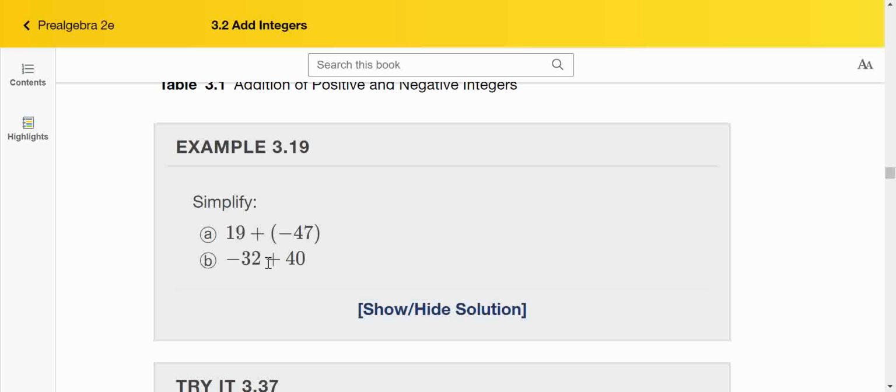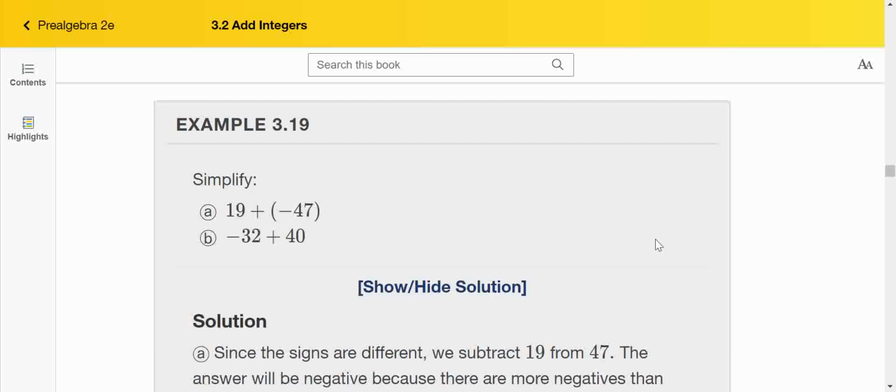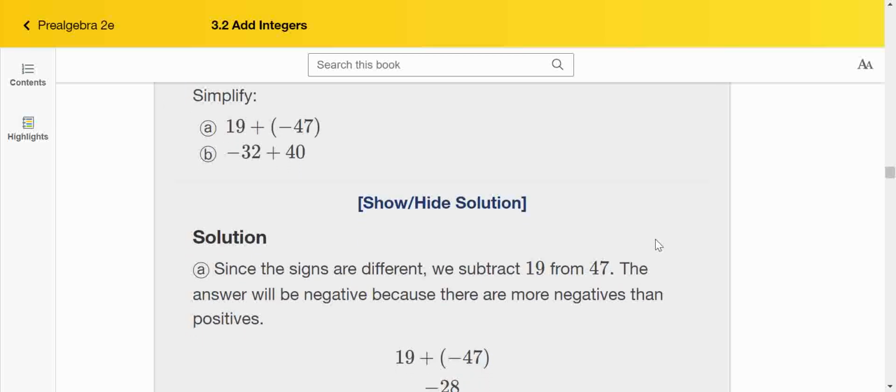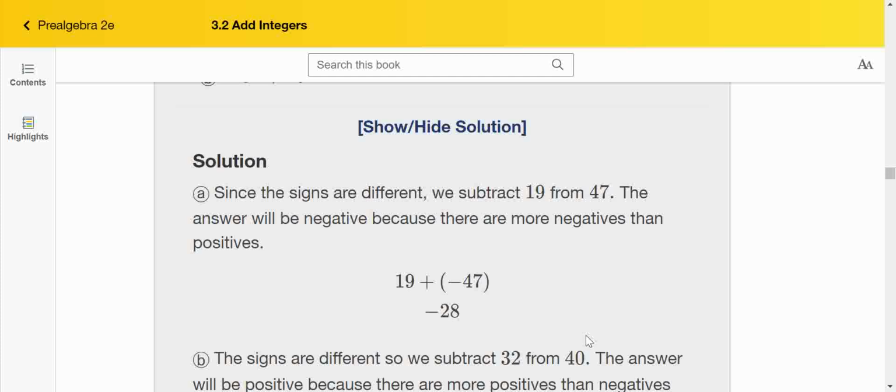Example 3.19. Simplify A, 19 plus minus 47, and B, minus 32 plus 40. Solution. A, since the signs are different, we subtract 19 from 47. The answer will be negative because there are more negatives than positives. 19 plus minus 47 is minus 28.